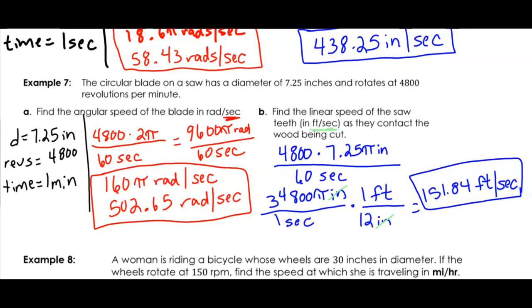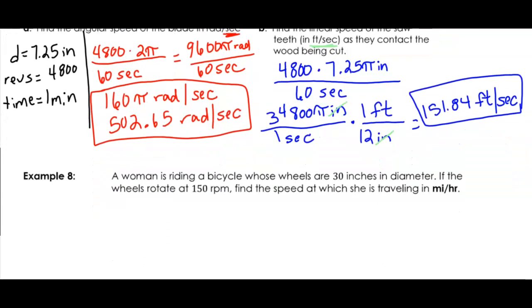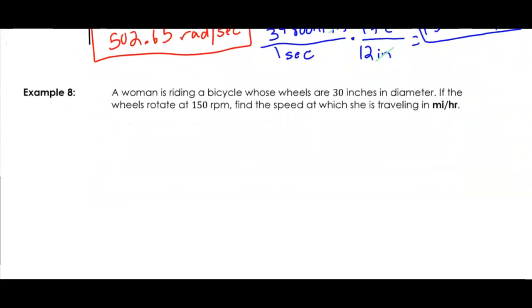Okay, and then our last one. So a woman is riding a bicycle whose wheels are 30 inches in diameter. So I'm going to put my diameter down here. The wheels rotate, so rotations, revolutions, same difference.